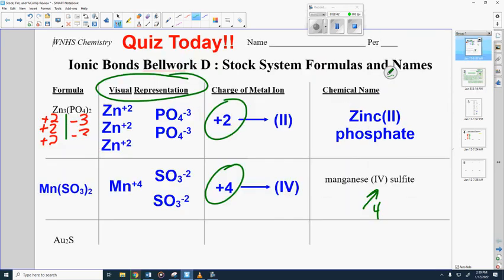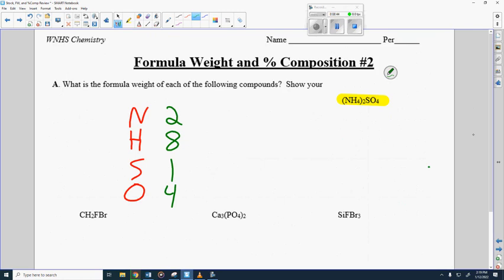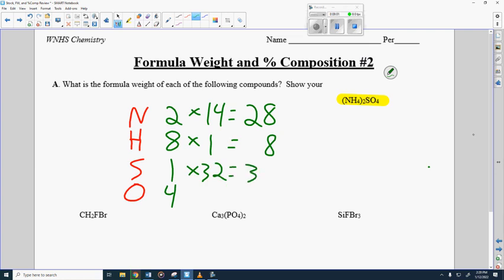All right. So I'm going to multiply each one of these by their individual masses. So nitrogen we just saw is a 14. So it gives us 28 from the nitrogens. Hydrogen's a 1. Gives us another 8. Sulfur is a 32. And oxygen's a 16. And there we go.